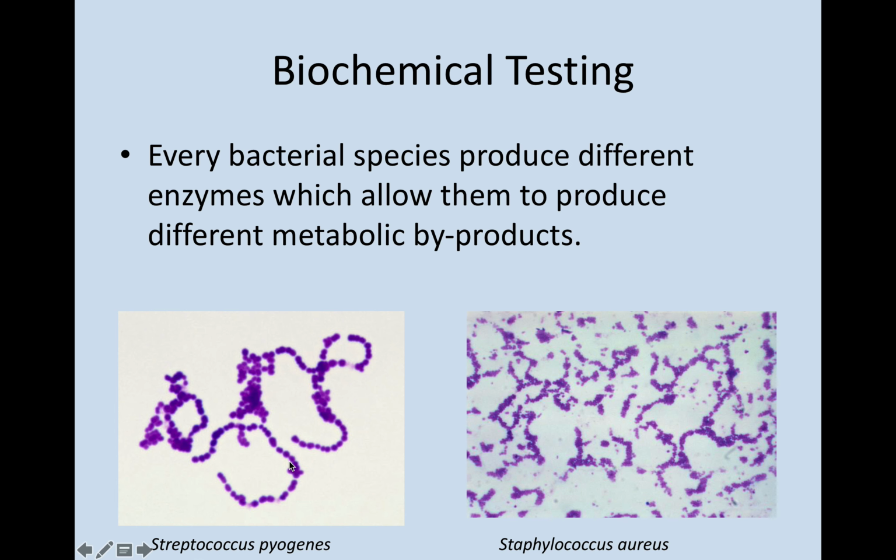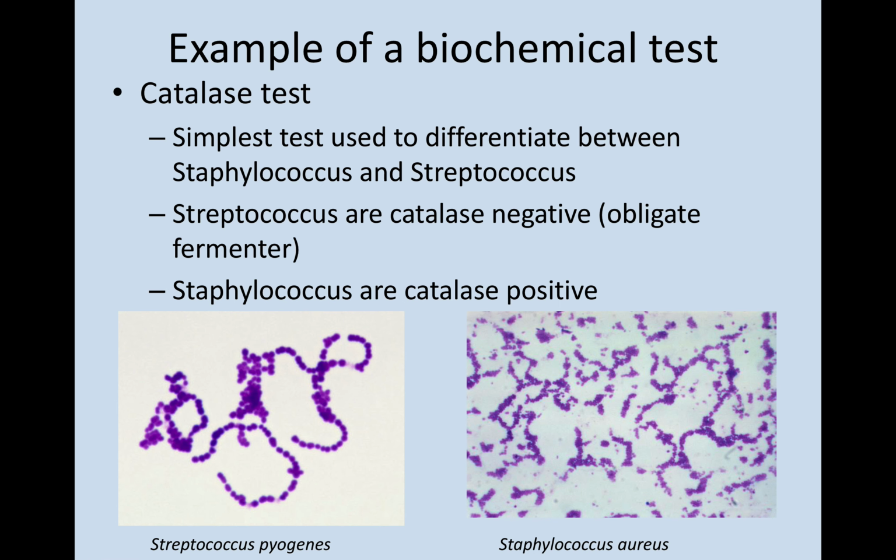Streptococcus means chains of spheres, but here you actually see clumps as well. Staphylo means clumps of spheres, and here you see some chains and clumps as well. So microscopic evaluation is not enough for us to identify unknown bacteria.